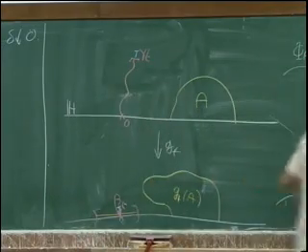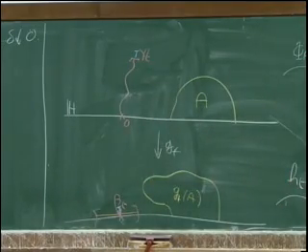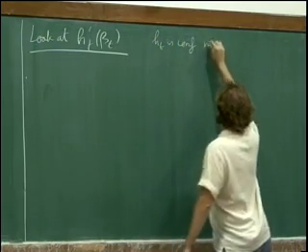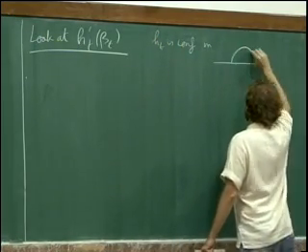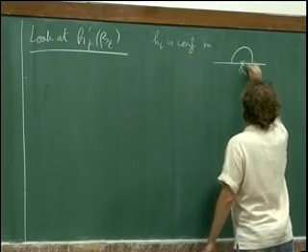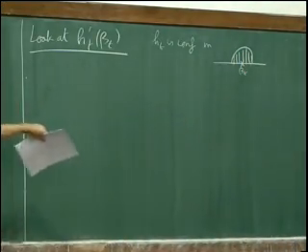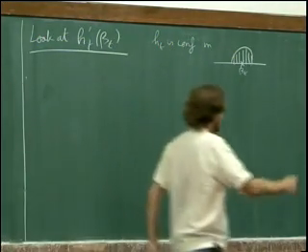So h_t is conformal in a little disk like this around beta_t. And the boundary is flat, so you can do Schwarz reflection.